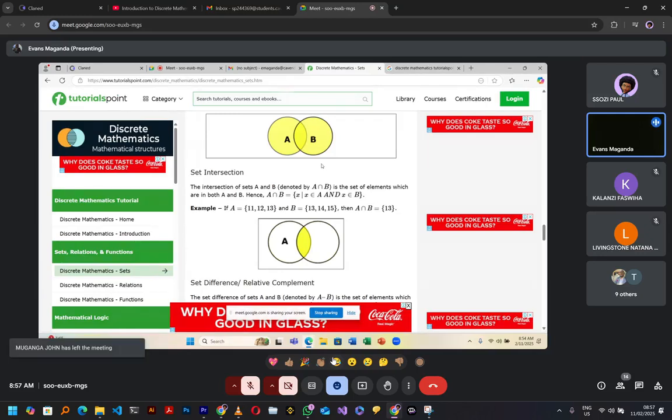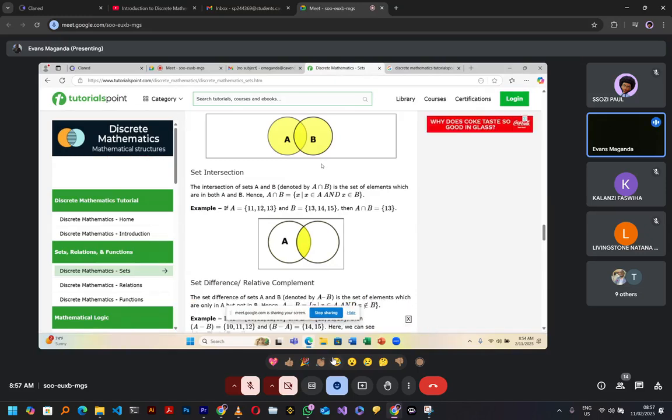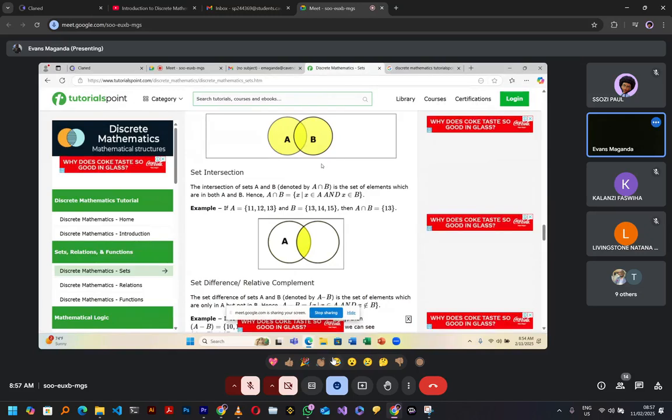But I saw very many students last semester who would just draw things like this and leave it there. My friend, you're supposed to show me which part represents the intersection. So you come and shade that part, knowing that this is the only specific part we are interested in at that moment.